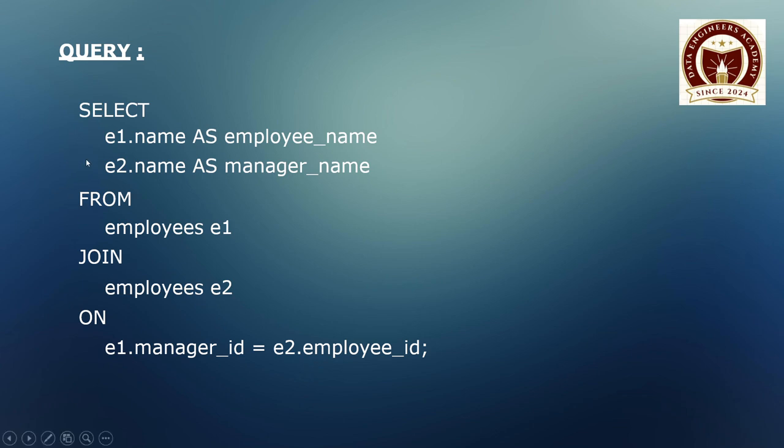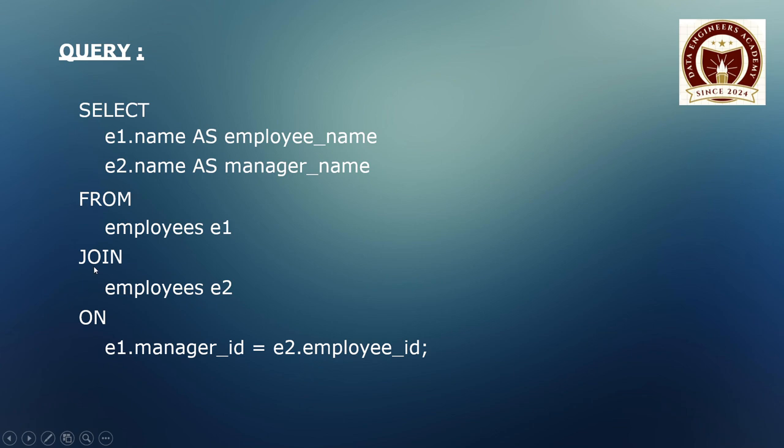SELECT E1.name AS employee_name, E2.name AS manager_name retrieves the names of employees and their corresponding managers, renaming them as employee_name and manager_name. FROM employees E1 uses the employees table and assigns it the alias E1 to refer to individual employees.